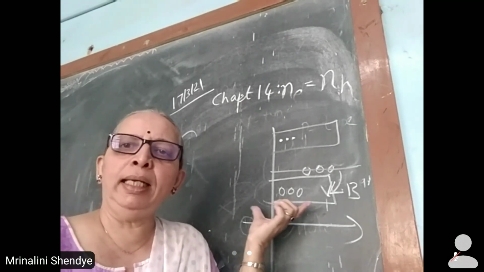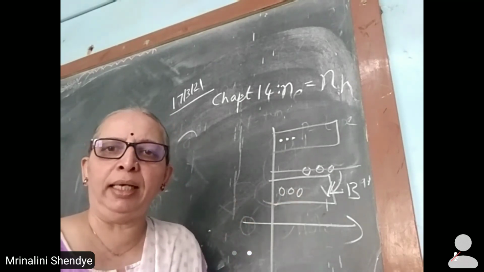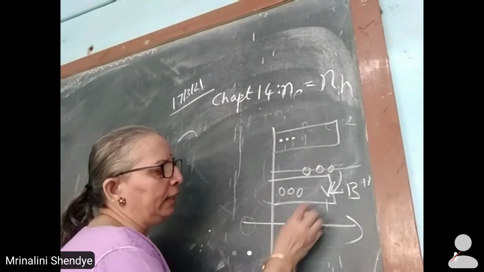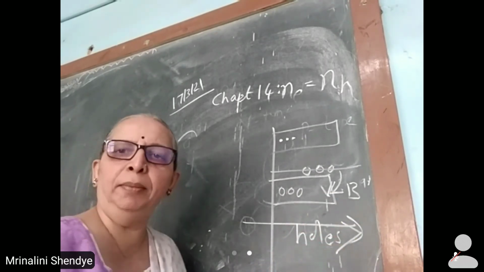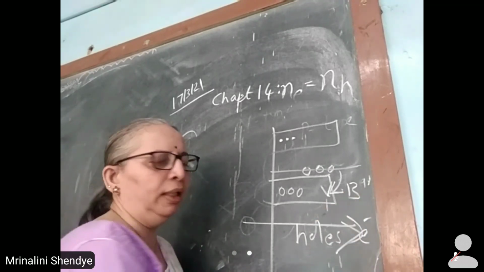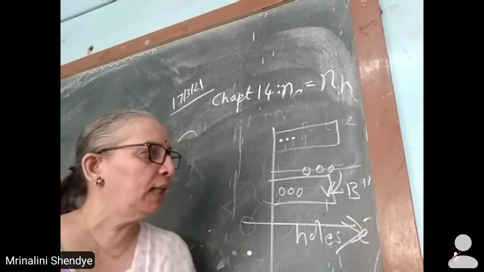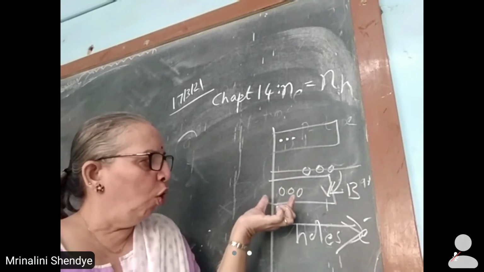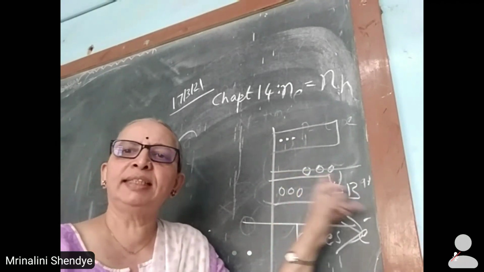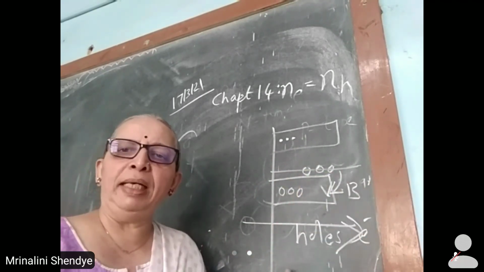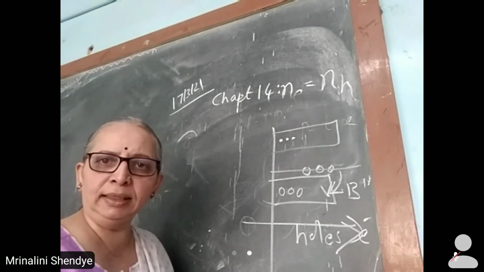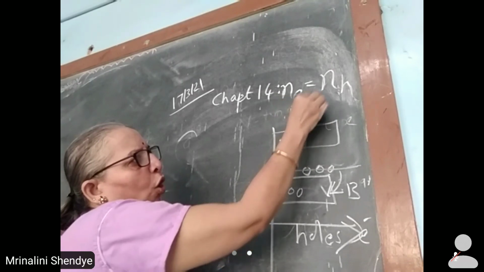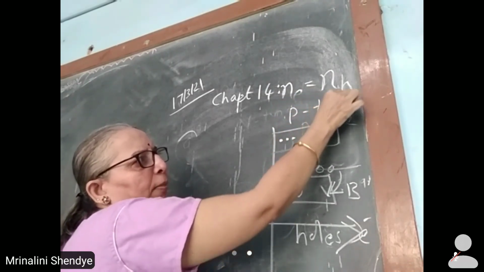The current is due to majority charge carrier holes, and these holes are very much greater in number in comparison with the number of electrons available. So majority charge carriers are holes, and hence such an extrinsic semiconductor is called p-type semiconductor.